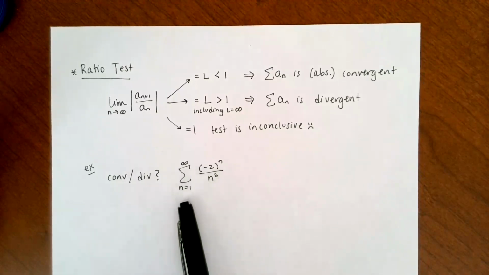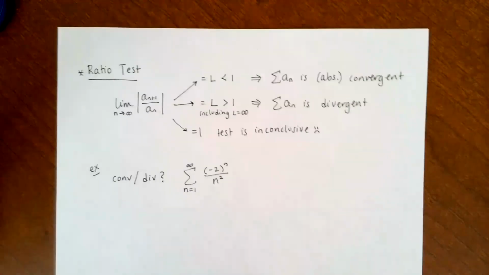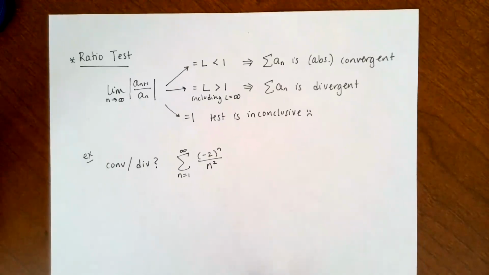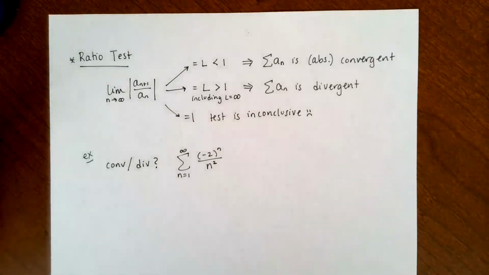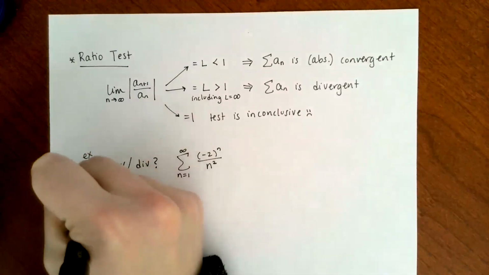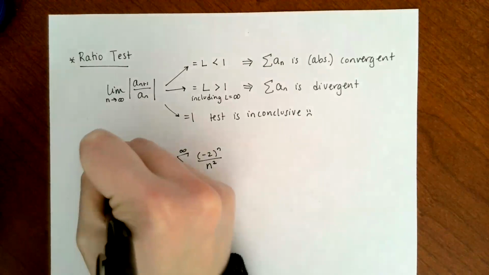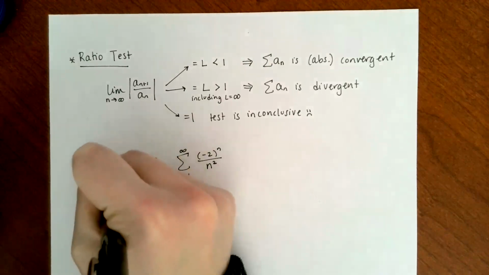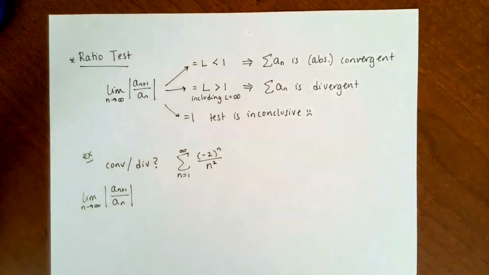So my first example here is the sum from n equals 1 to infinity of (-2)^n over n squared. Okay, so we also might realize that this is an alternating series, so we could do the alternating series test, but for the sake of this example, we'll do the ratio test. So I want to compute the limit as n approaches infinity of the absolute value of a_{n+1} over a_n.